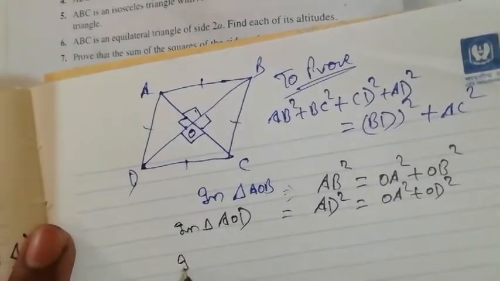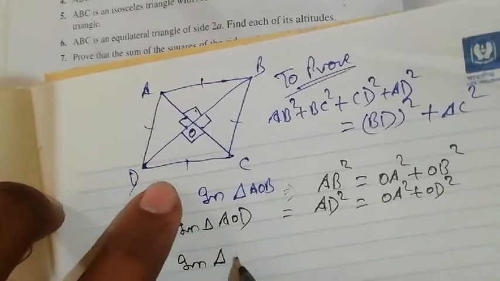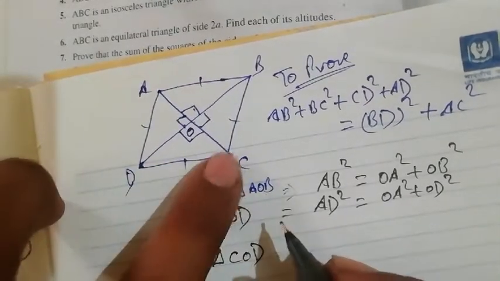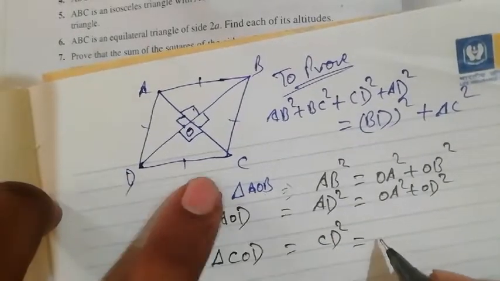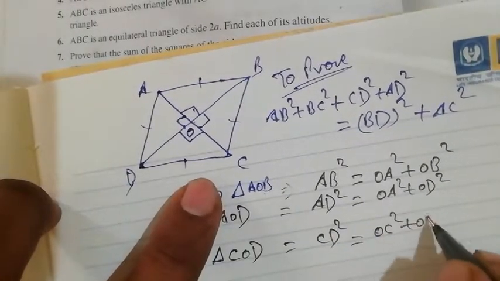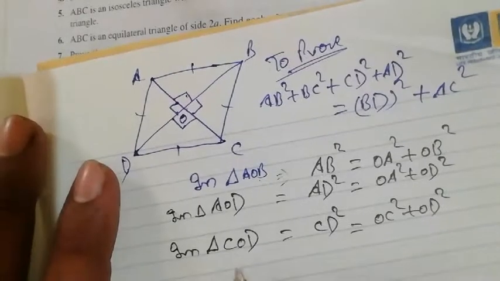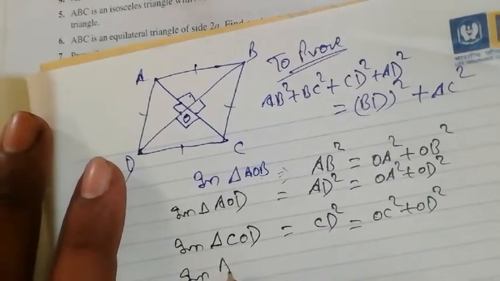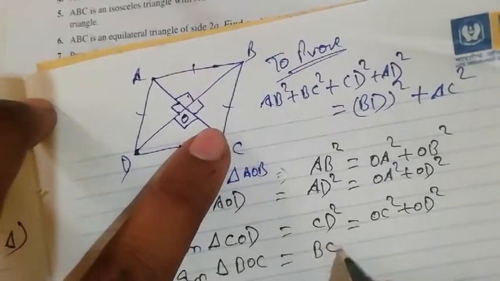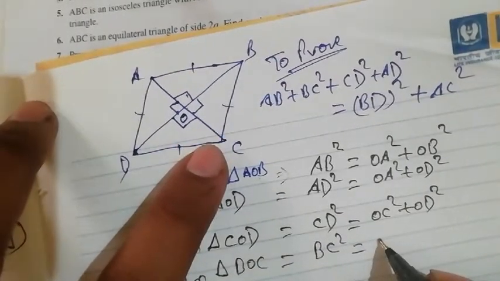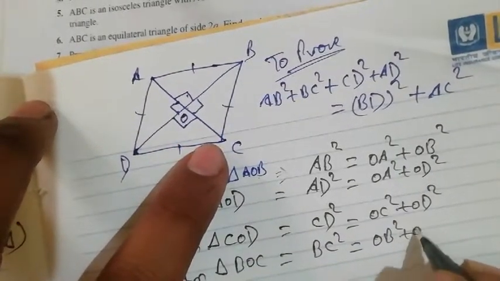Now in triangle COD, CD is the hypotenuse, so its square is equal to OC square plus OD square. And in triangle BOC, BC is the hypotenuse, so BC square is equal to OB square plus OC square.